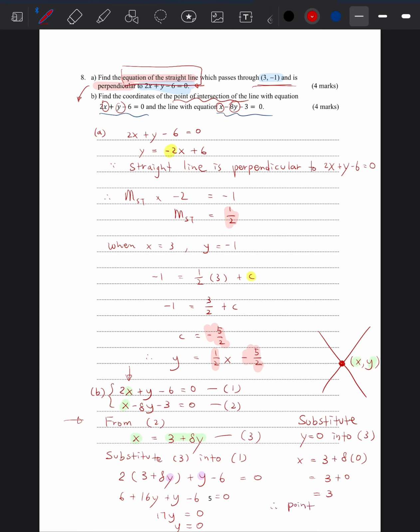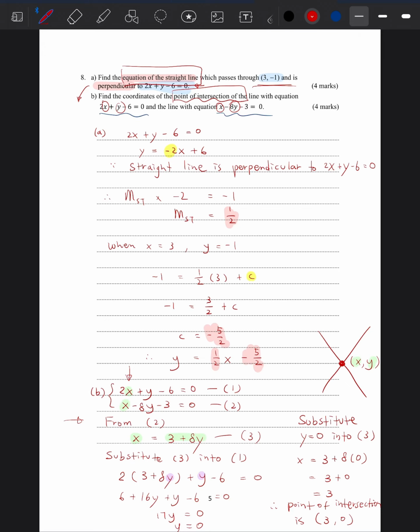So therefore, the point of intersection is 3, 0. So again, for the point of intersection, you can use your simultaneous equations to solve it.